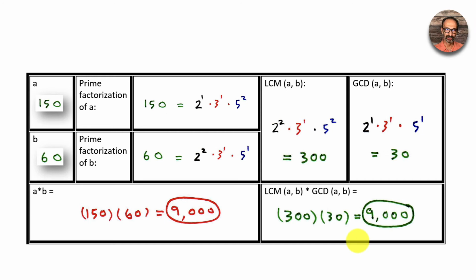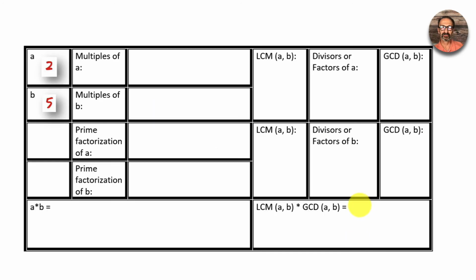Here's more examples. 2 and 5. If you take your time and do the multiples of 2, and do the multiples of 5, I could see what's in common. If you do the prime factorization of 2, it's only 2, which is a prime. If you do the prime factorization of 5, which is only 5, that's pretty much it.